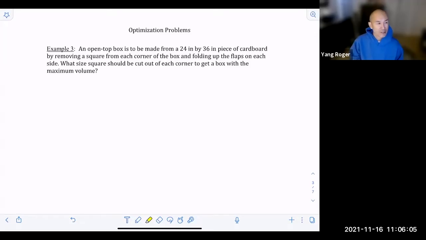Let's take a look at example 3 together. Example 3 is a little bit of an interesting problem.